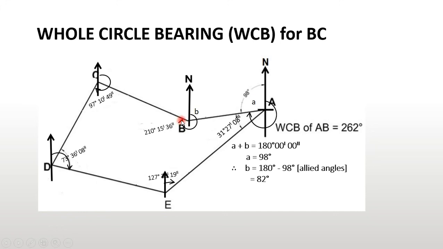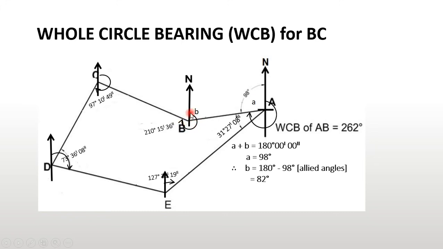That is, if you are sighting C from B from the north, you first of all face the north, and then you turn by that angle to sight C. So in order to determine this angle, which has that arc arrow annotation, we are supposed to find the value of B, and then we add the internal angle.